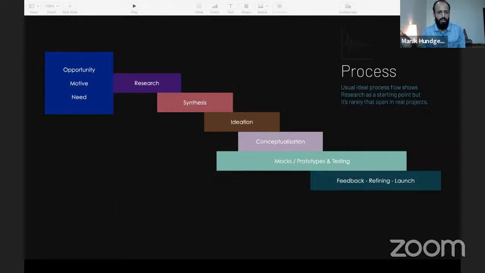It's a usual process that we call research, synthesis, ideation, conceptualization, mock-ups, and prototyping, and then feedback, and then finally launching it. And what's important is as we move on and streamline our approach, our process changes.